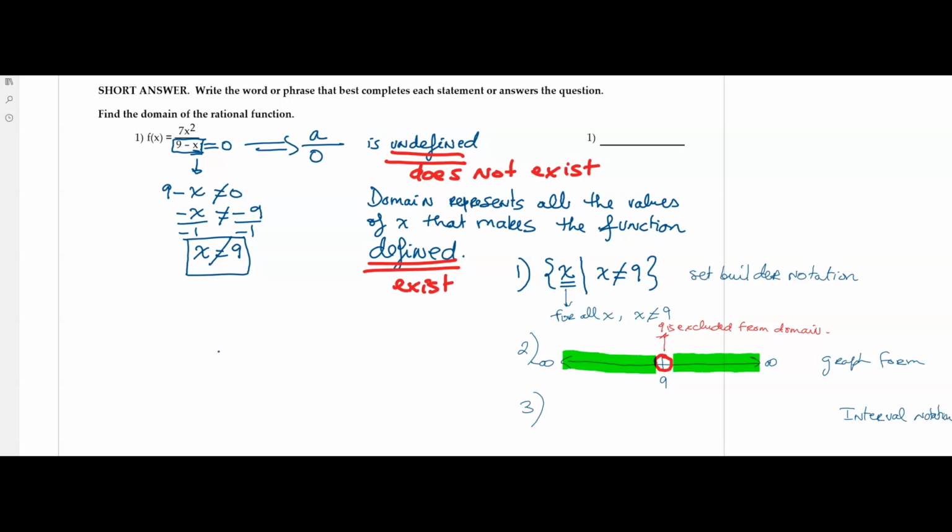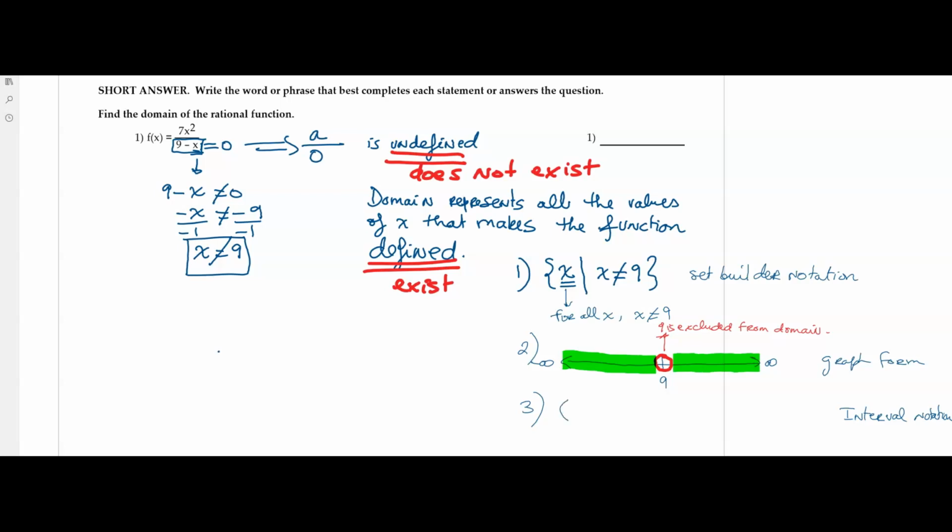Okay? And how do we do that? Then you can kind of use the graph form if you wanted to. Because now we have to express all the values between negative infinity to 9, right? Excluding 9, and then from 9 to infinity. So this is how you're going to write that out. It's going to start with an open parenthesis.